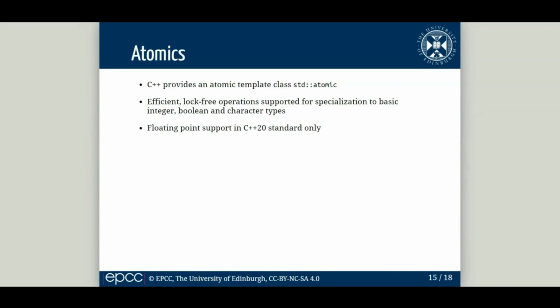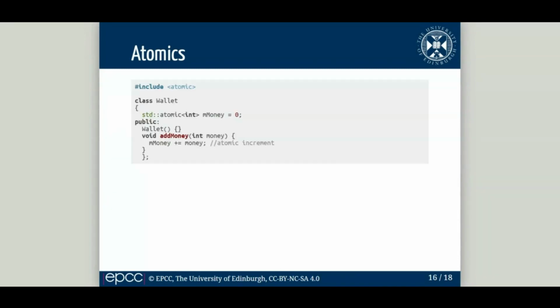This is for integers, and this is floating point support, which will be in the C++20 standard only. So if you use an integer, you can use it, but it depends on the standard. If you're using a later standard, you can also use floating point. If not, you need to use the previous techniques that we have seen before.